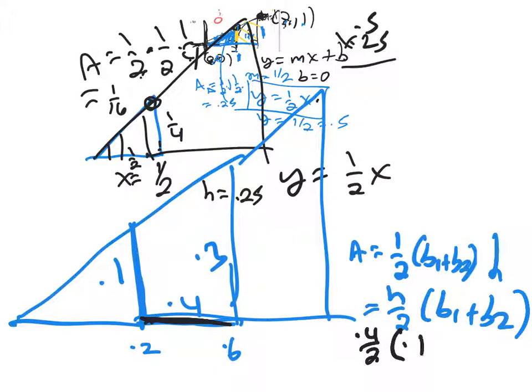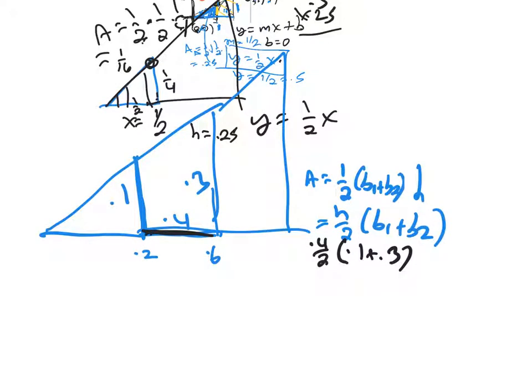No. 0.1 plus 0.3 becomes, what's 0.4 divided by 2? What's 4 divided by 2? And there's one decimal place. 0.2. What's 0.1 plus 0.3?